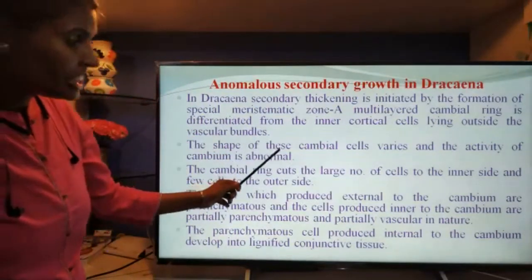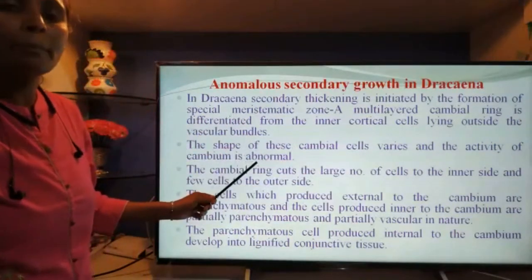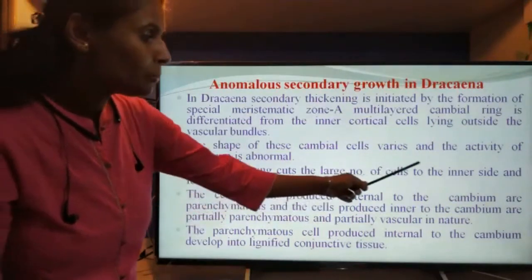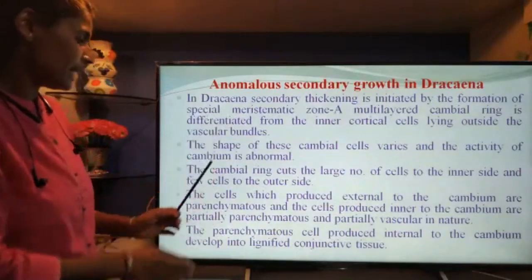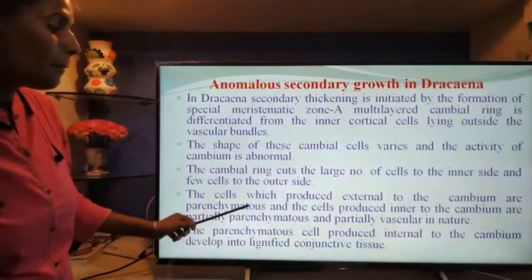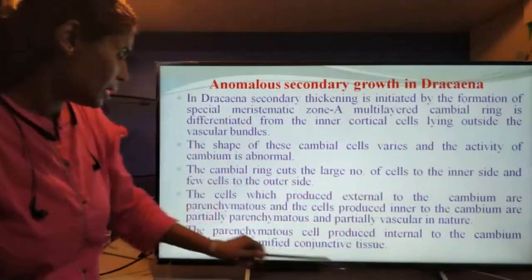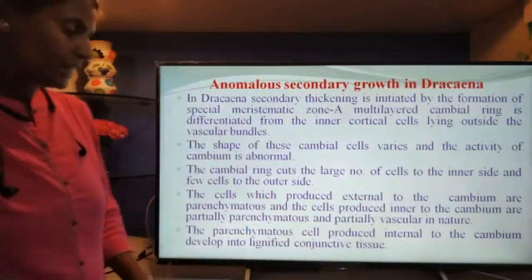The shape of these cambial cells varies and the activity of the cambium is abnormal in nature. So the cambial ring cuts a large number of cells to the inner side and very few cells to the outer side. The cells produced external to the cambium are parenchymatous in nature, whereas the cells produced inner to the cambium are partially parenchymatous and partially vascular in nature.